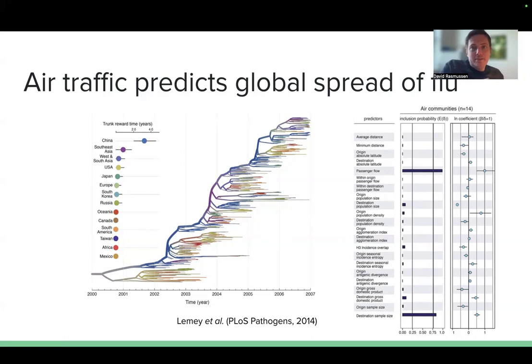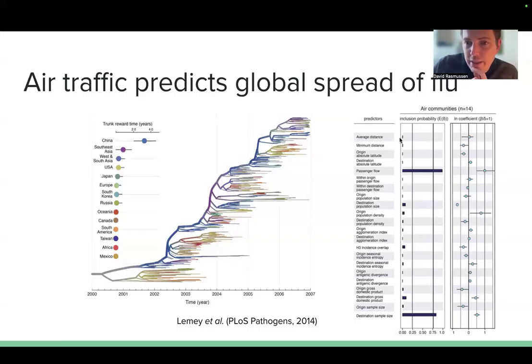What's also interesting about this analysis is that it shows that unlike passenger airflow, the actual distance between airports is a very poor predictor of migration rates for the virus. Again, here they're using these Bayesian stochastic search variable selection to calculate the probability of how often these different variables are included in the model.